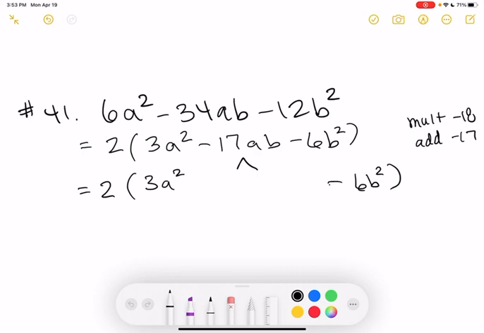And I think we lucked out on this one because I could do a negative 1 and... So you could do 1 and 18, make one of them negative. So 1 times negative 18 gives us negative 18, and 1 combined with a negative 18 would give us a negative 17. Yay. Okay, so this is a negative 17ab.